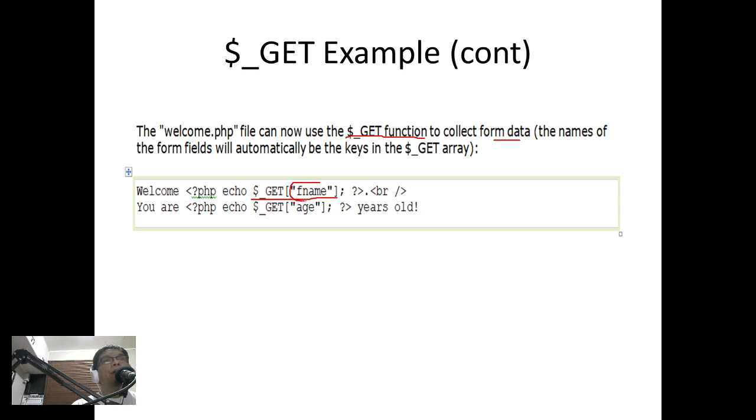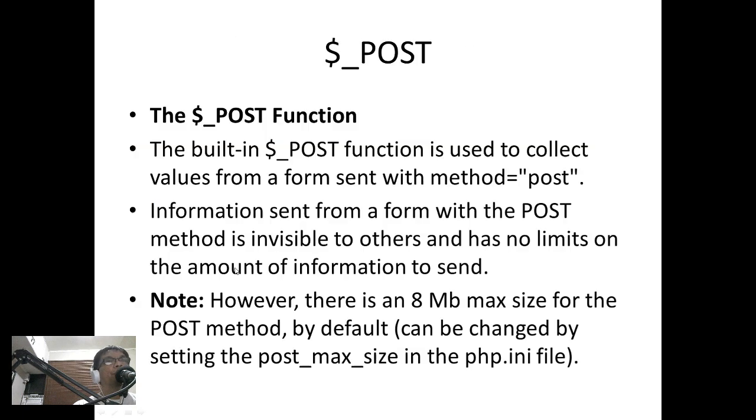Remember that this is the name given to the text box, and this is also the name given to the text box. That's how we access, or collect, the data from the form. It is similar with post, but just replace get with post. We also have post, which was used in the first example.